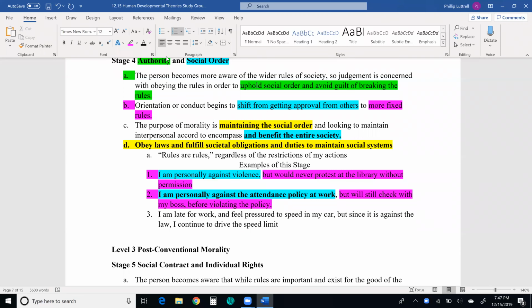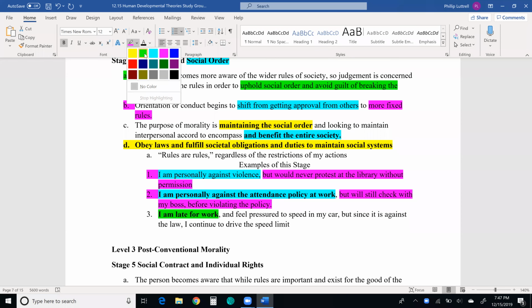Another example: I am late for work and feel pressured to speed in my car, but since it is against the law, I continue to drive the speed limit. So I am late for work, so I am feeling frantic and feel pressure to speed. I'm feeling it internally, like we need to throttle down. I cannot be late to work. People will be mad at me. I'll be rejected. I'll be shunned in some way.